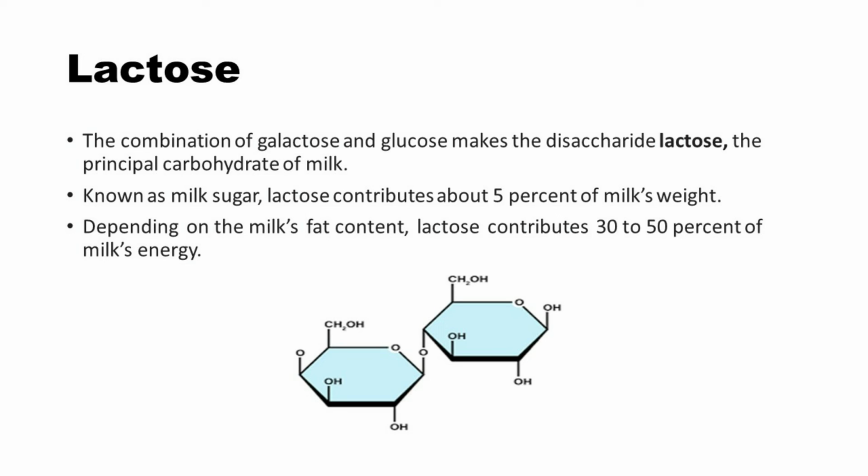Lactose is referred to as milk sugar because it is only found naturally in the milk of mammals, including cows, goats, and humans. Milk from cows and goats is used to make cheese and yogurt, but not all milk products contain the same amount of lactose.